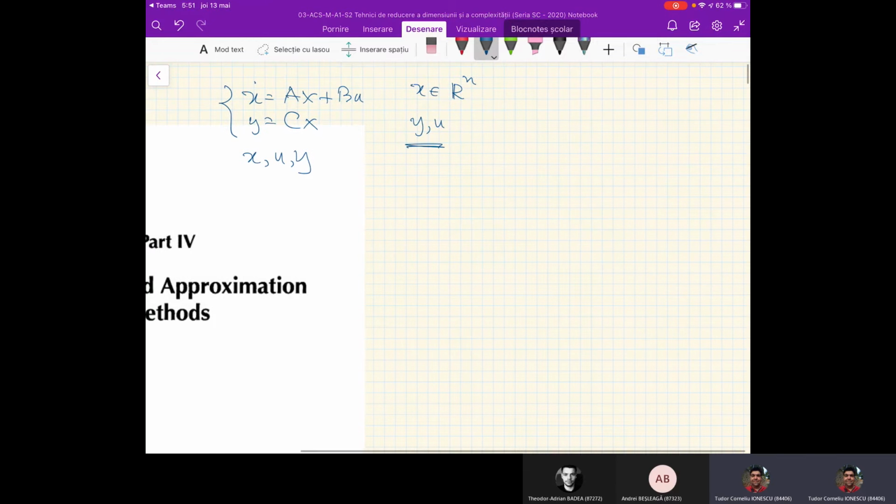And you want to approximate this with another type of system, x hat, which is A x hat plus B u. u is identical, but then you get a new output y hat, C x hat, or maybe I should use my notation, my preferred notation.